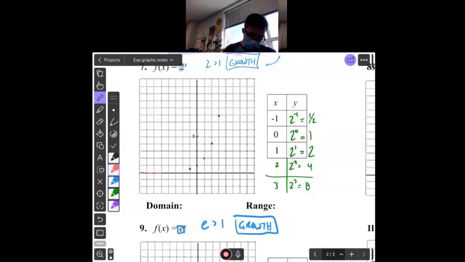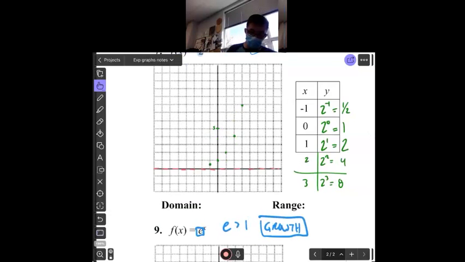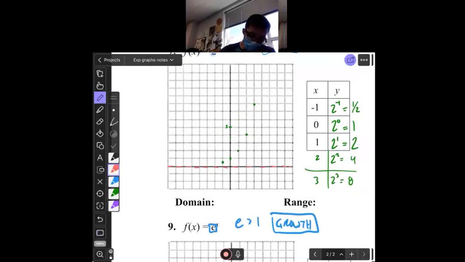So what you're going to do with this, you guys may not want to draw it because it's on top of the axis, which is fine. It's kind of a pain if you don't have a different color, but you need to at least label it. Just like I expected you guys to do with the axis of symmetry on those graphs of the quadratics, I expect you to label your asymptote for these exponential functions.